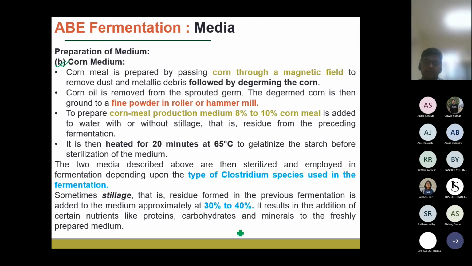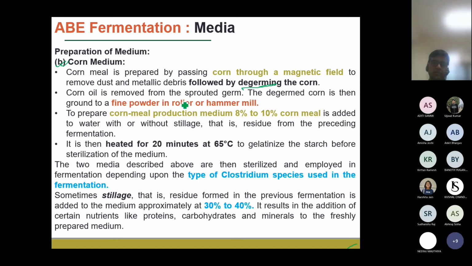There is another medium which is known as the corn medium. To make the corn medium, first the corn meal is passed through a magnetic field to remove the dust or any metallic components. After this, it is followed by the degerming process, to remove any germs that are present.